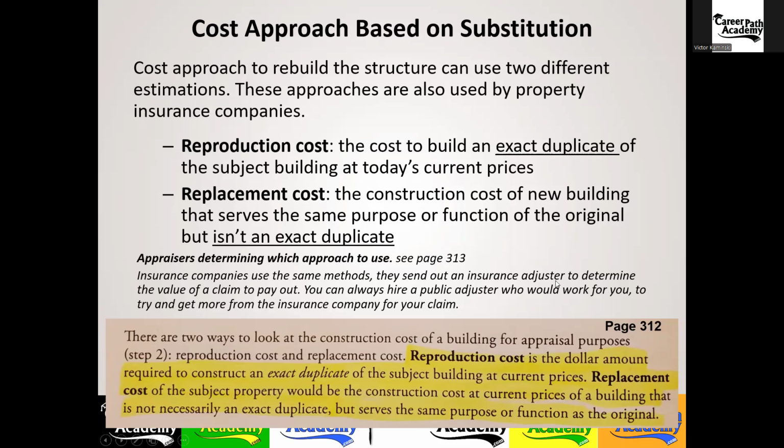It's not any custom cabinetry or countertops or appliances, but it'll just be like standard linoleum countertops instead of the granite or other custom material, because it serves the same purpose to prepare your food on the counter. So that's what replacement cost is. It'll replace it with something that's functional, but it's not necessarily an exact duplicate.